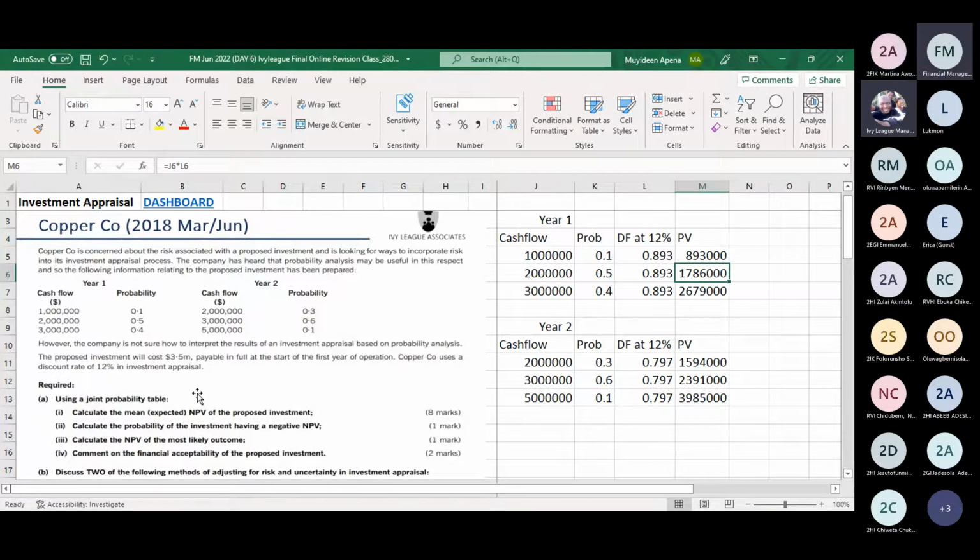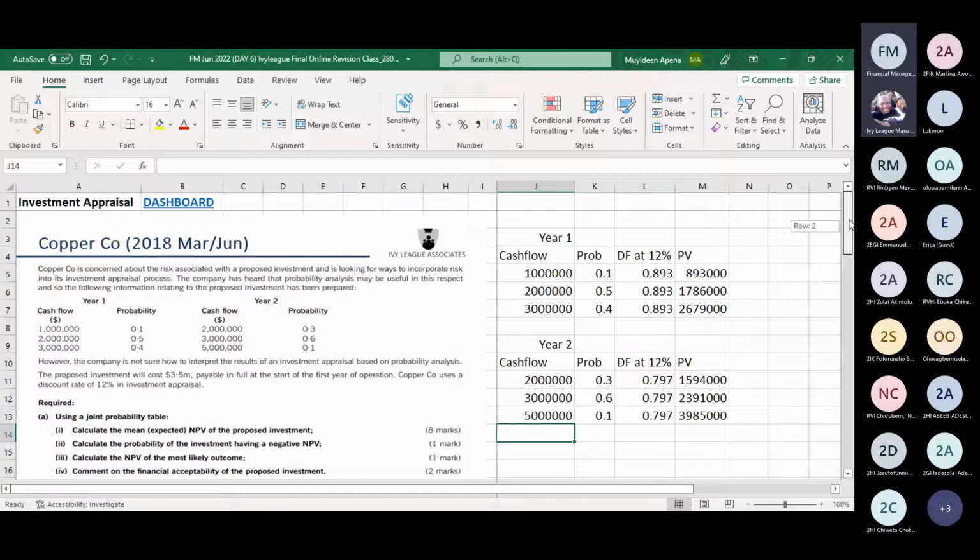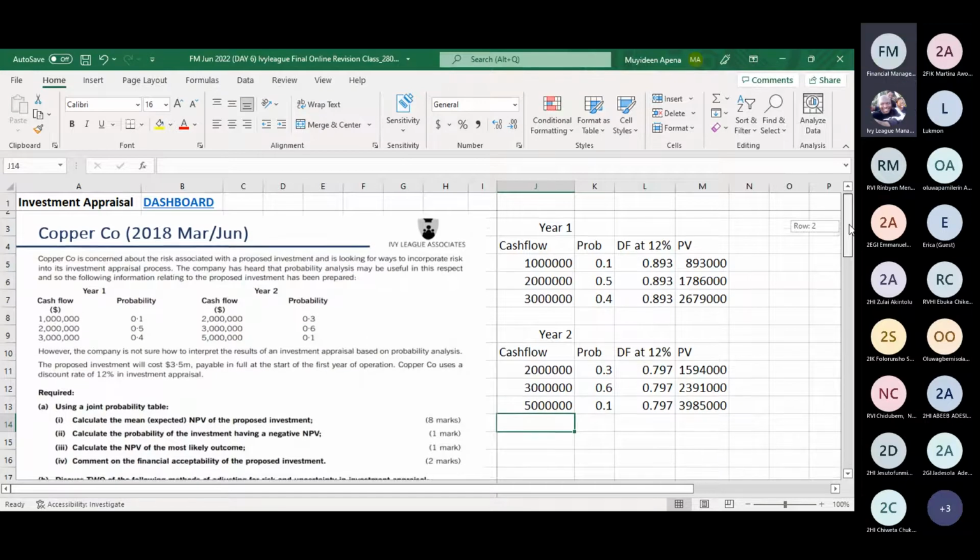The examiner expressly asks us to use what? A joint probability table. When you are asked to use a joint probability table, it's different from solving this directly to get the expected NPV. Okay, I'll show you the two cases so that you know. You need to pay attention to details. In this question, you have to use a joint probability table.